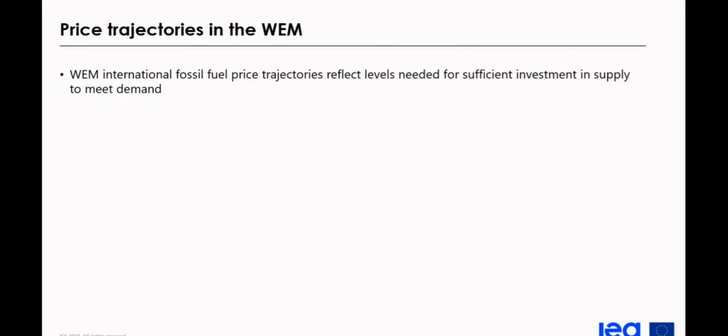So prices are at a level that makes it possible for consumers to afford those resources, but high enough that producers, so countries, companies, and investors, can actually produce this resource and have economic return on their investment.